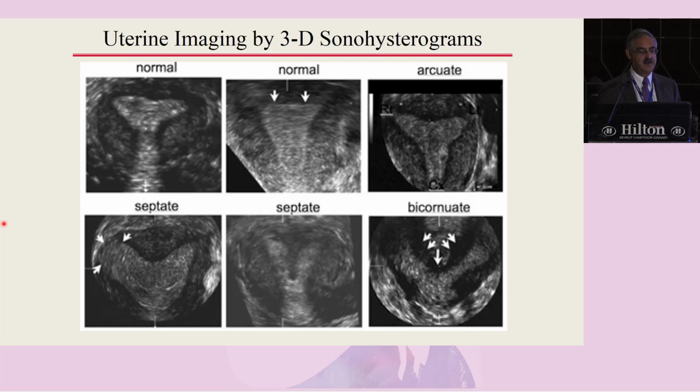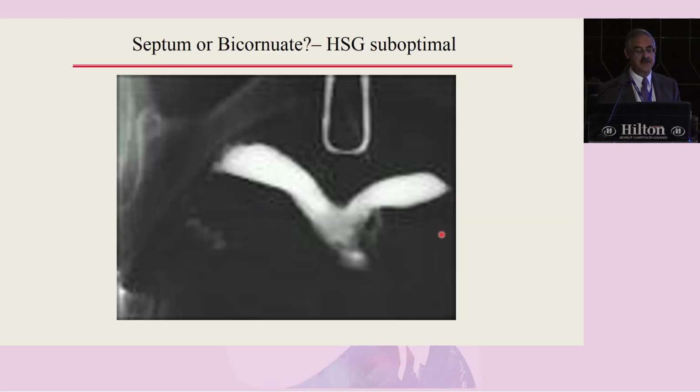These are some of the images from the 3D sonohysterogram, normal arcuate pattern there on the top right, and then different versions of the septum and the bicornuate. The advantage of the sonohysterogram is you can see the absence of the tissue, whereas when you look at this one on the hysterosalpingogram, you don't know what it is.